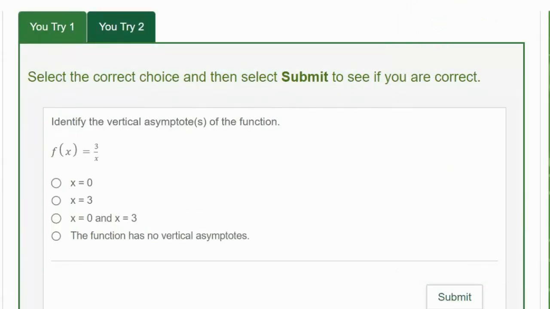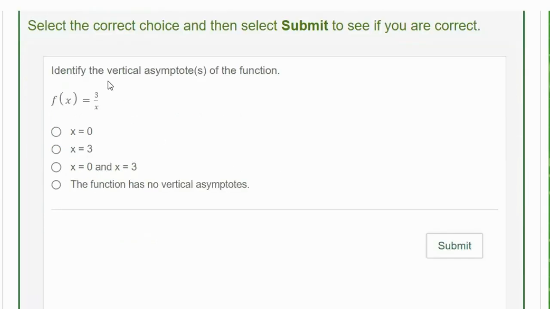All right, so put this in the chat. Identify the vertical asymptote of 3 divided by x. What is the vertical? This is the up and down. Vertical asymptote. This is not comparing the degree. Comparing the degree finds the horizontal asymptote.